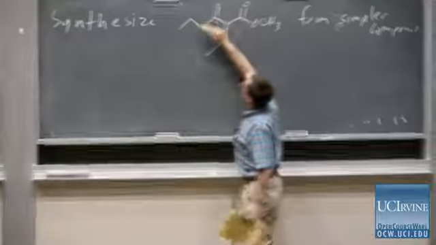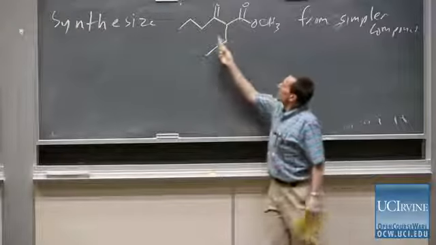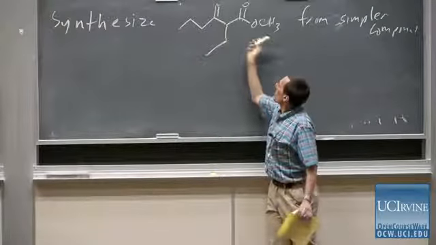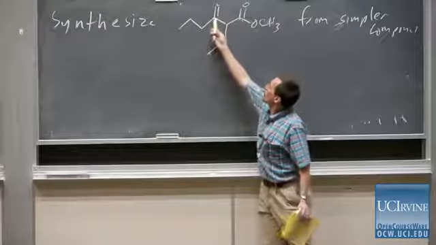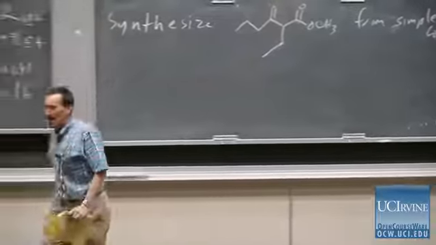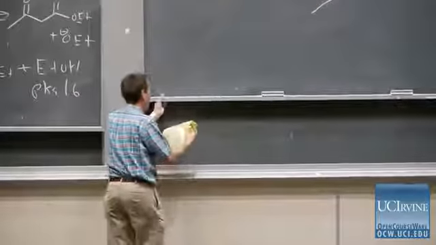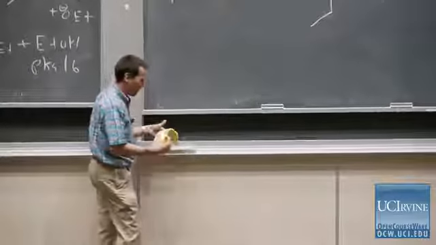1, 2, 3, 4, 5, 6. So it's 2-ethyl, 3-oxo, 2-ethyl, 3-oxohexanoate. All right, so synthesize 2-ethyl, 3-oxohexanoate from simpler compounds.